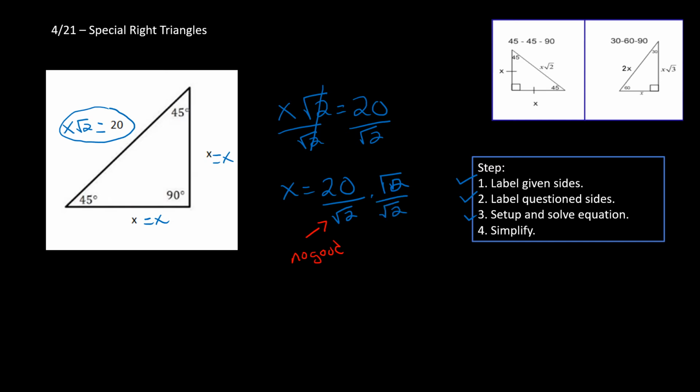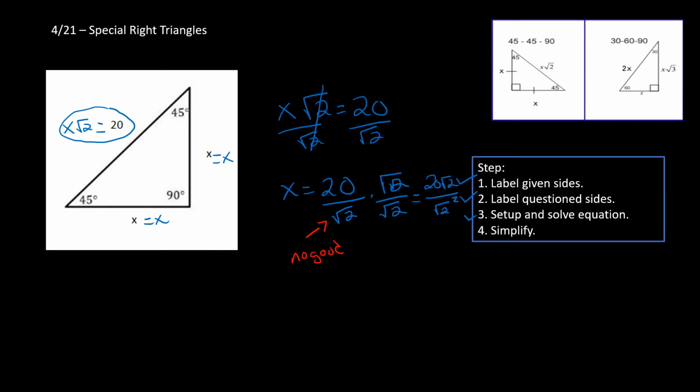Essentially what we're doing is we're multiplying this by 1. We've done this in the past, but this is just good practice, because we know what happens when we multiply these square roots of 2 times square roots of 2. We're going to be given 20 square root of 2 over the square root of 2 squared.